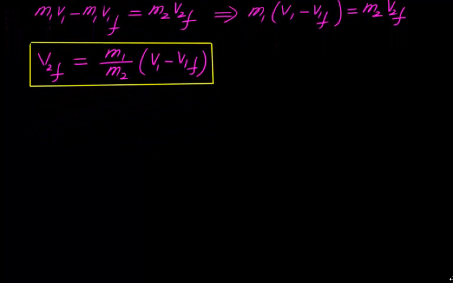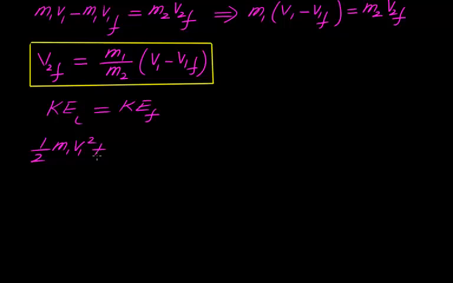The other equation can be obtained using the conservation of energy because this collision is an elastic collision. The kinetic energy before the collision must equal the kinetic energy after the collision. The kinetic energy before the collision is coming from two parts: m1, which has a kinetic energy equal to 1/2 m1 v1 squared.